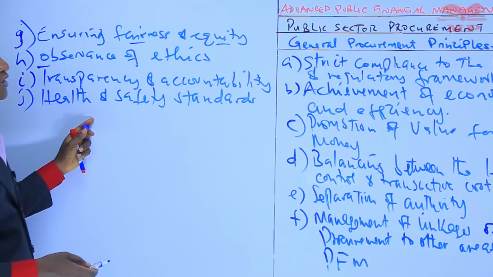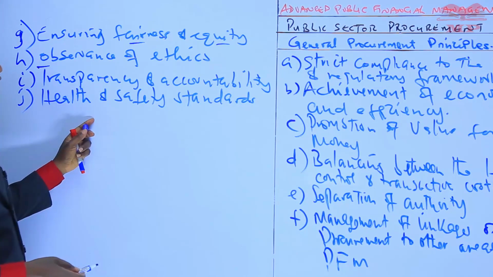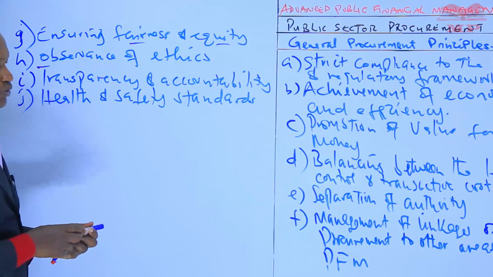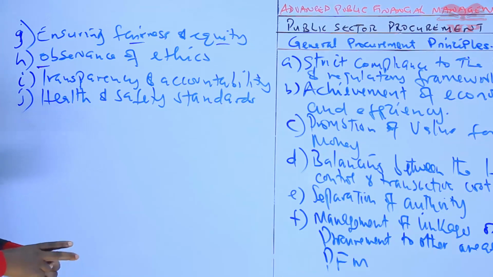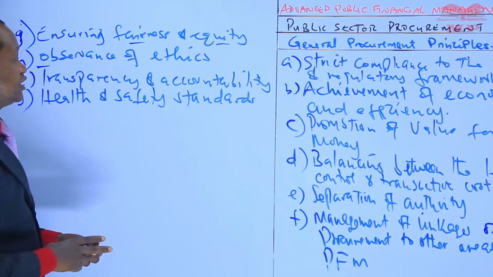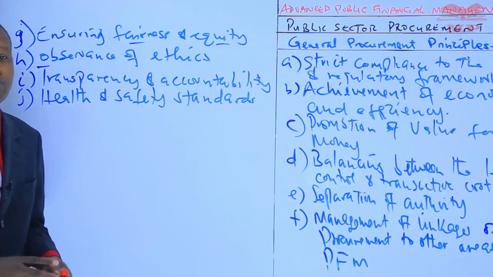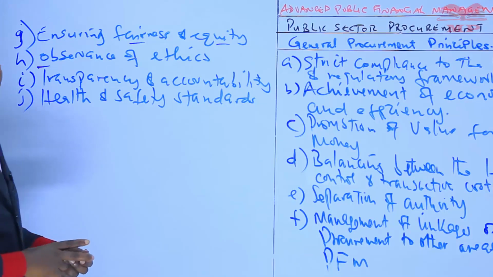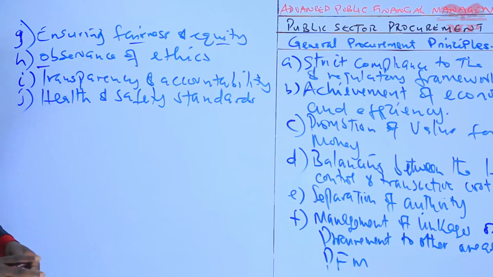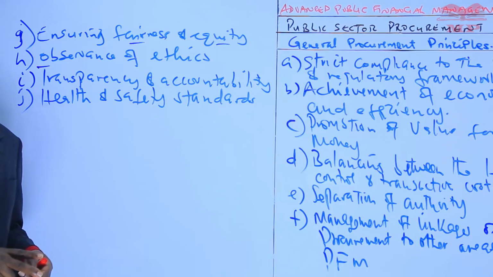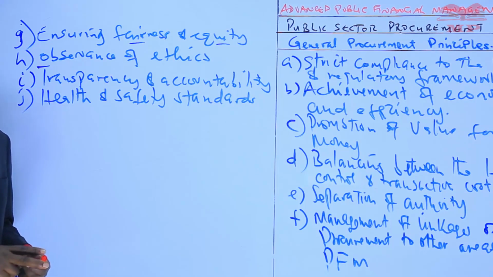Environmental protection is a general procurement principle when dealing with goods, when dealing with the delivery of services, or when carrying out all the activities or functions of the procurement process. Then there ought to be promotion of health and safety standards so as to promote or protect the environment.